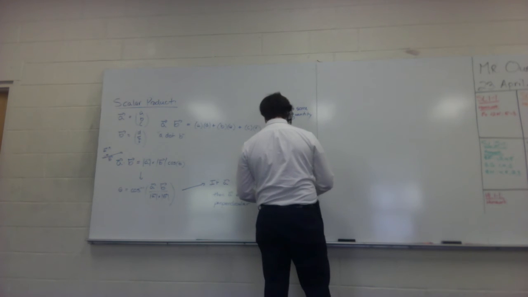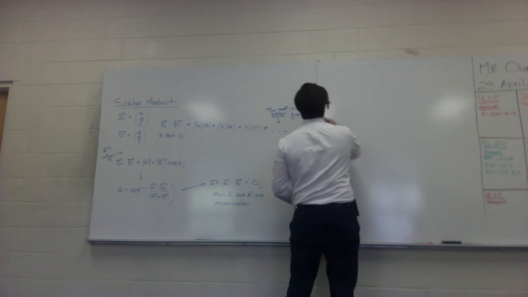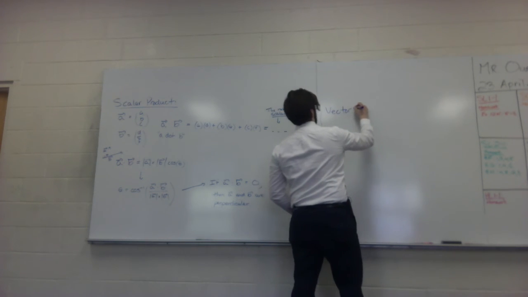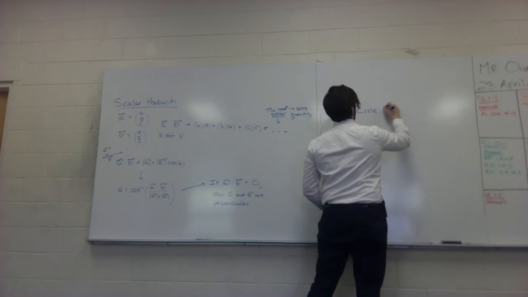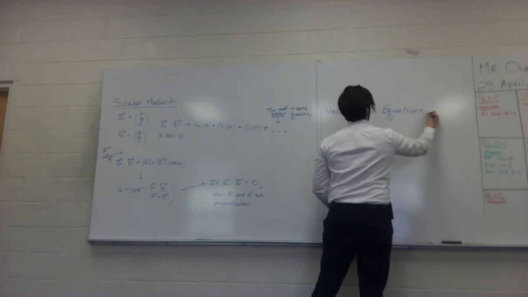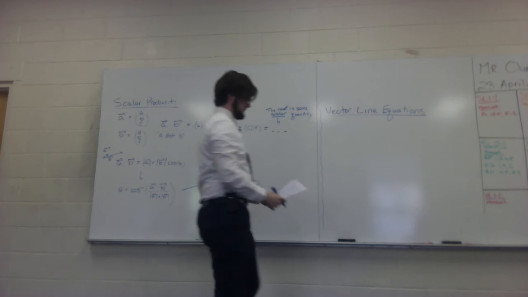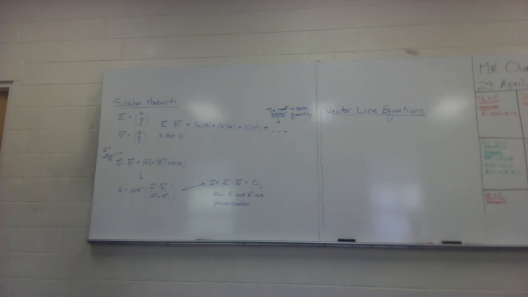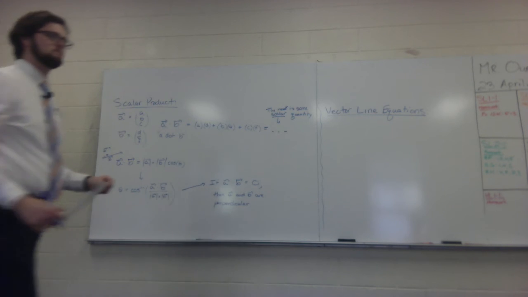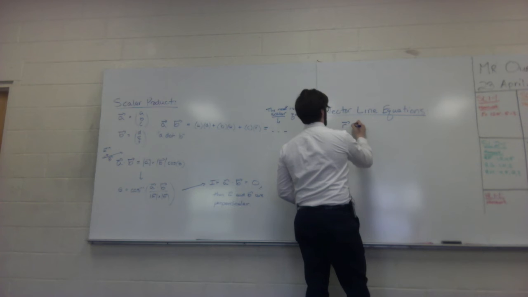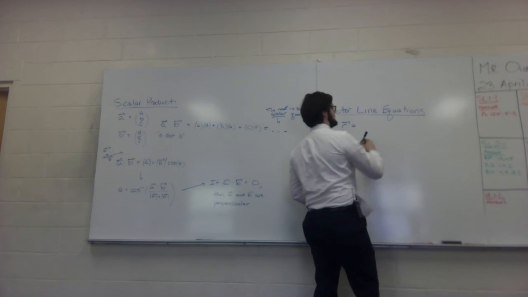Okay. A couple other things. Vector line equations. What was that form that we used for vector line equations? R equals A plus T. That's what the book uses.